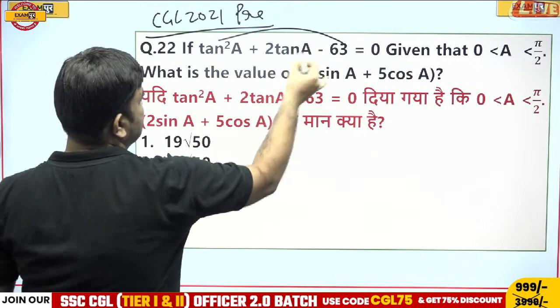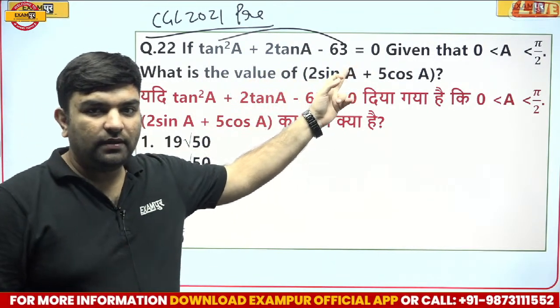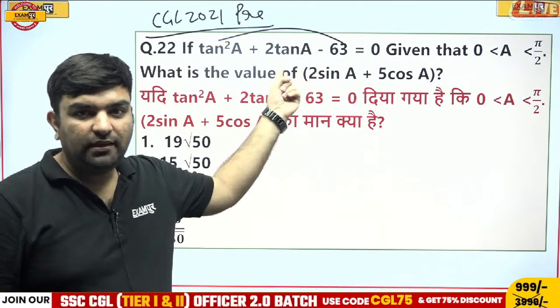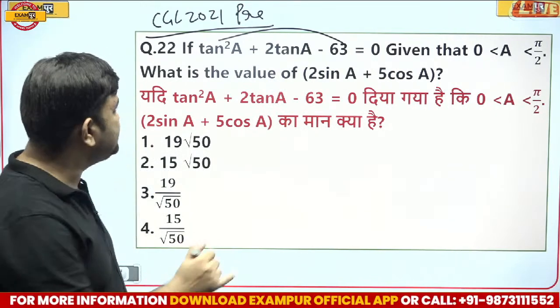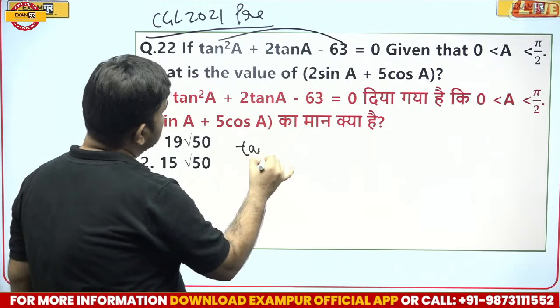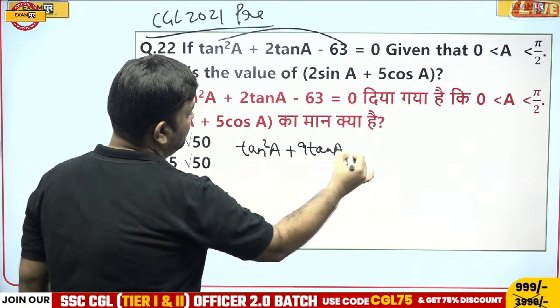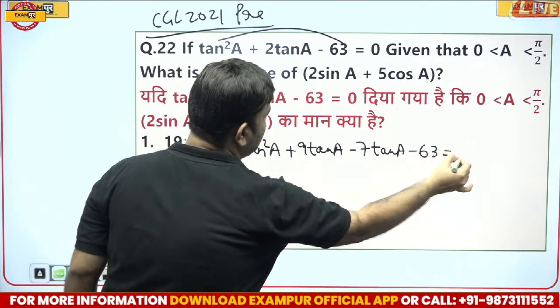Product 63, sum or difference 2. Basically, if the product term is negative, then this denotes the difference. 7 and 9. So 10 square A plus 9 10A minus 7 10A minus 63 is equal to 0.